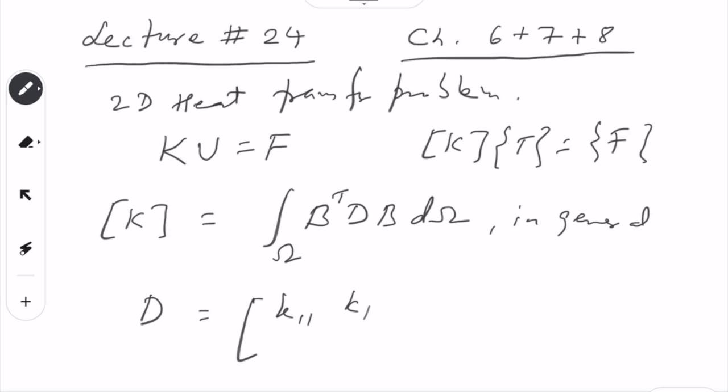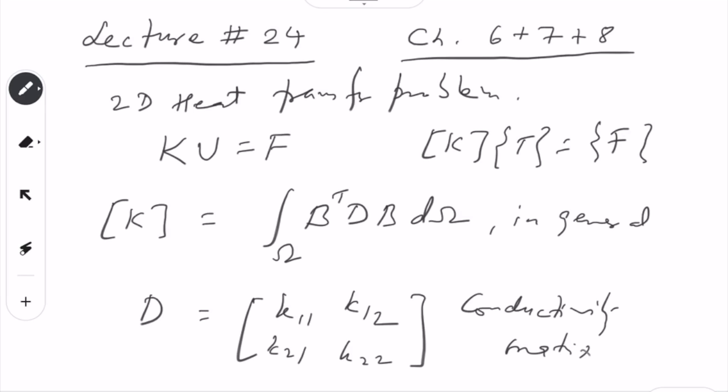k11, k12, k21, k22. So this is the conductivity matrix, and this is anisotropic.